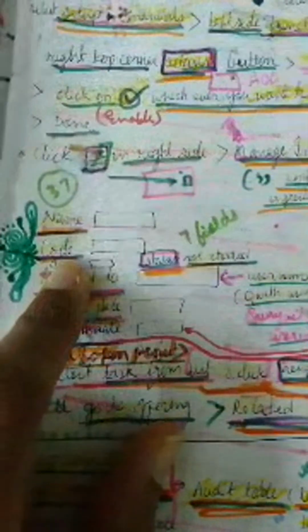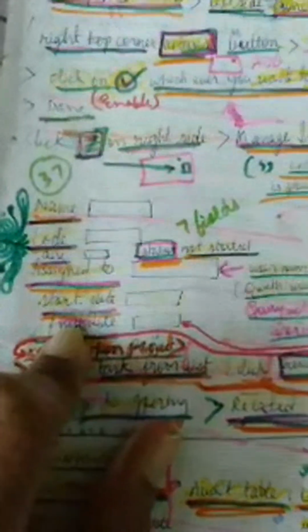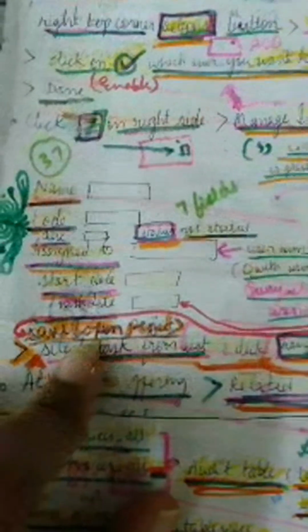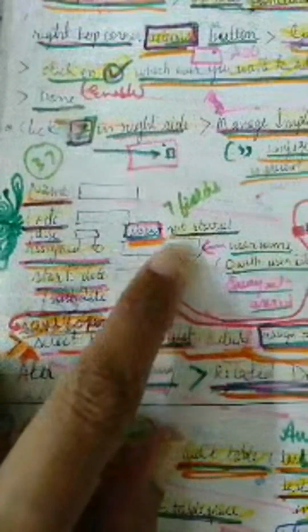So first of all, here I need to give the seven fields. First is the name of the project, second is the code, then there is the description, then the start date and end date, then which person this implementation project is assigned to, then the status, whether it is started or not.